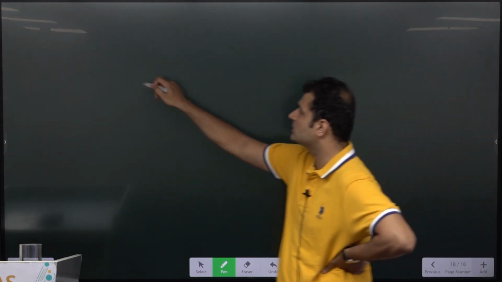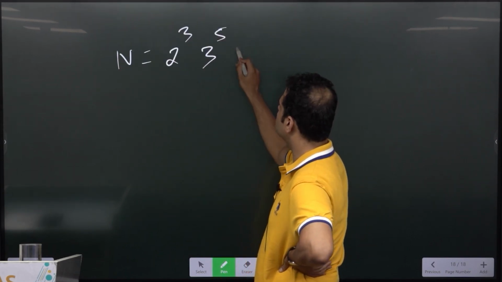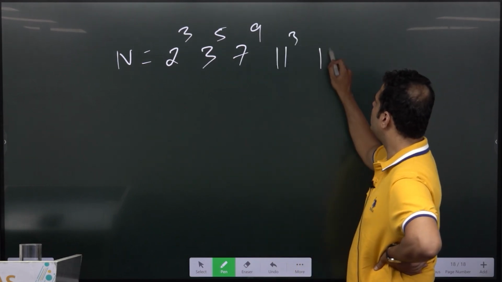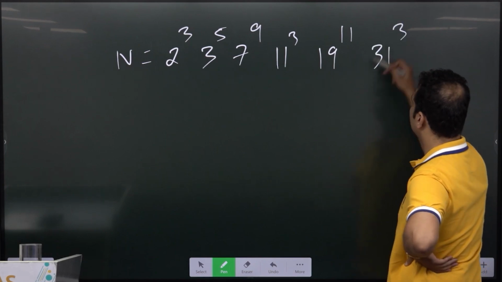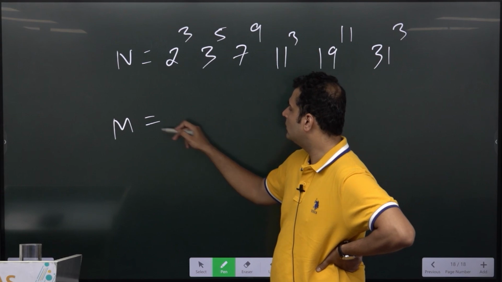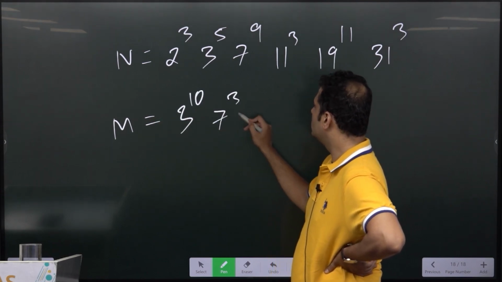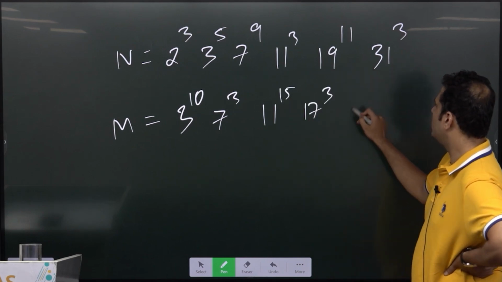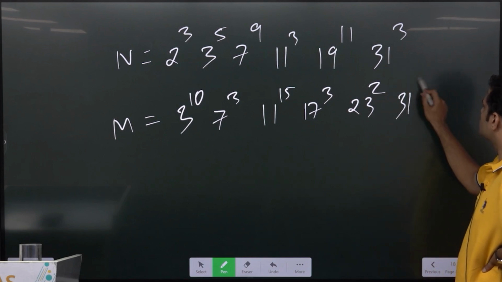Let me write two random numbers now. m is 2 raised to 3, 3 raised to 5, 7 to the 9, then 11 cube, 19 raised to 11, and 31 cube, if this is the prime factorization of m. Another number n is 3 raised to 10, 7 cube, 11 raised to 15, 17 cube, 23 square, and 31 square.